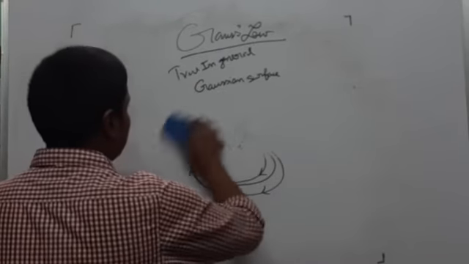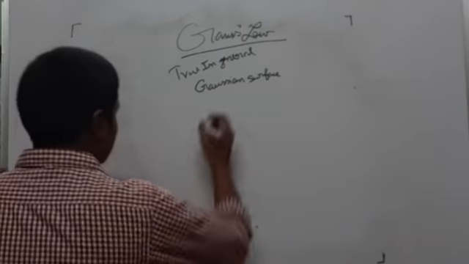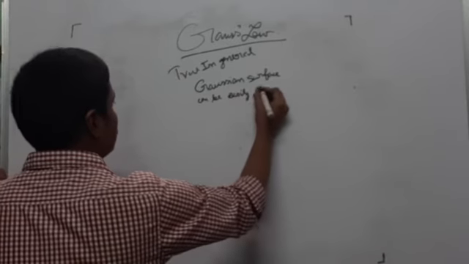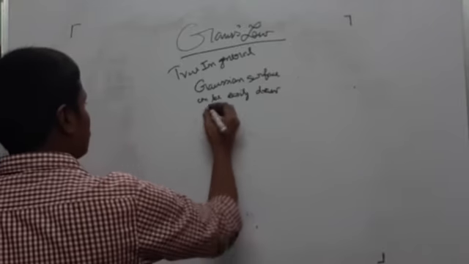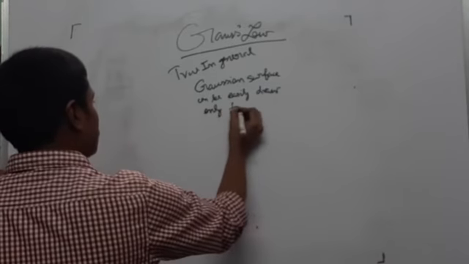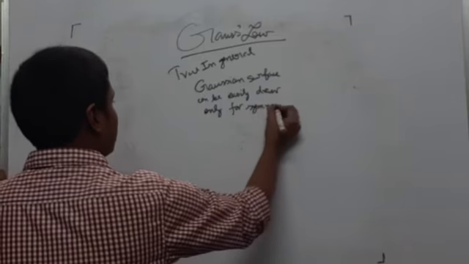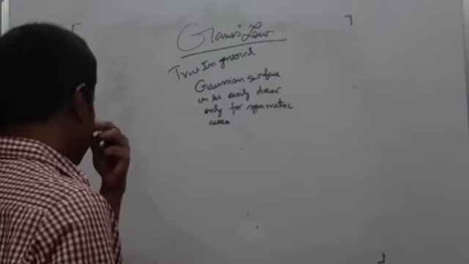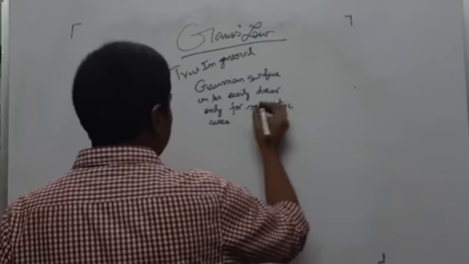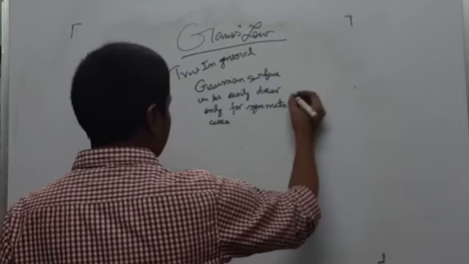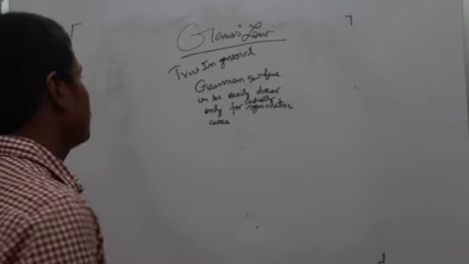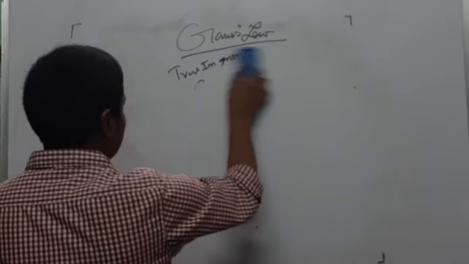So the Gaussian surface can be easily drawn only for symmetric cases, at best radially symmetric cases. Otherwise, you cannot draw the Gaussian surface. The law will still hold, but you cannot draw it.